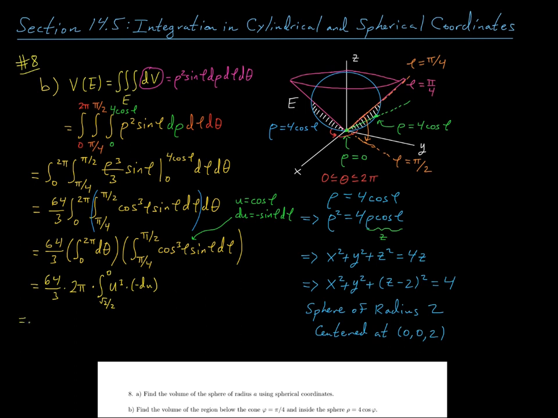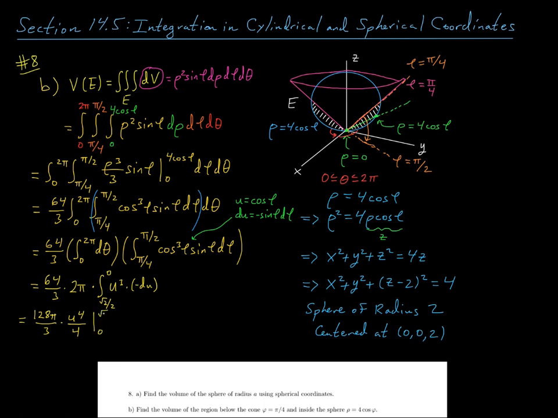Okay, so now just about there, we're going to get here 128 pi over 3. And then here, the integral of u cubed is just u to the 4th over 4. Okay, and this negative there, I'm going to use that to flip the bounds of integration.